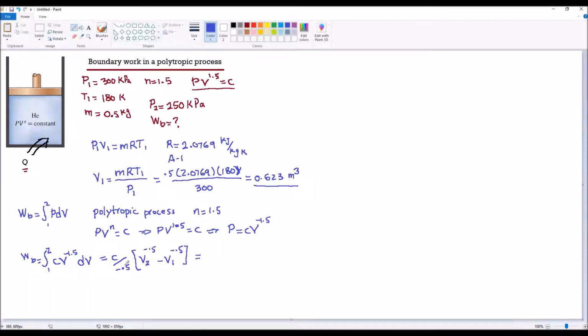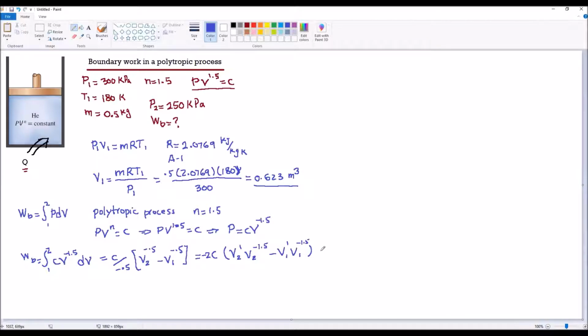Looking at this, that's equal to negative 2C actually. Negative 2C times... So what I'm going to do with these two terms is break them up to V2 to the power 1 times V2 to the power negative 1.5. I'm going to do the same to the second term, V1 to the negative 1.5.